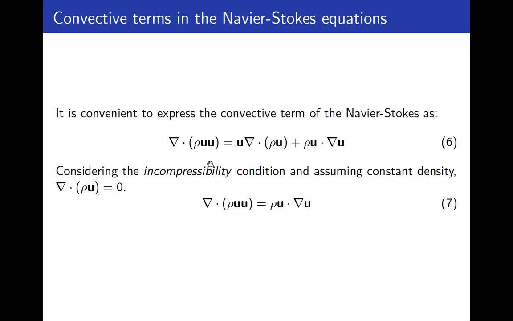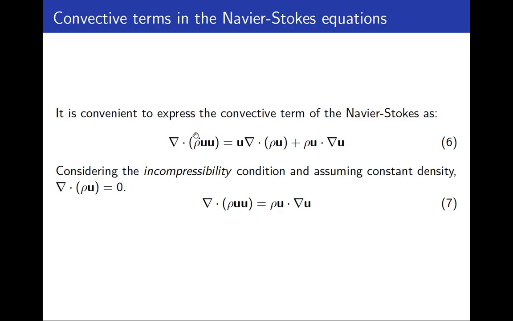But for my explanation, it's really convenient to express those convective terms with this expression. So we have the divergence of this convective flux of momentum, which is just the product between density and the velocity field twice.